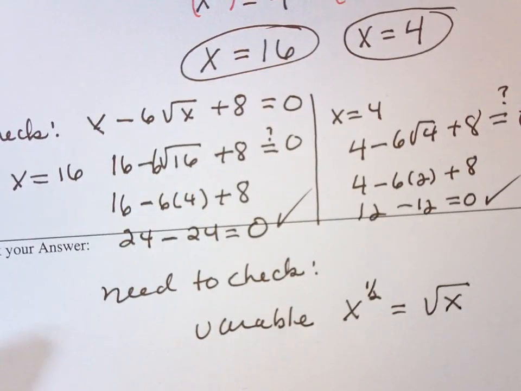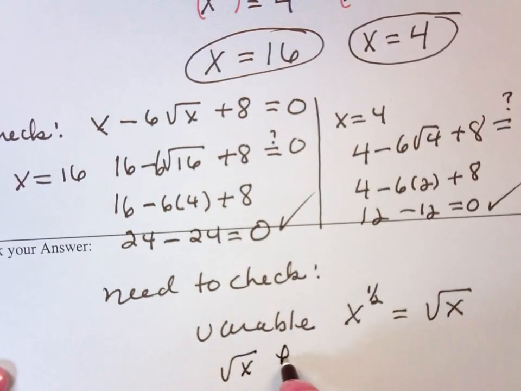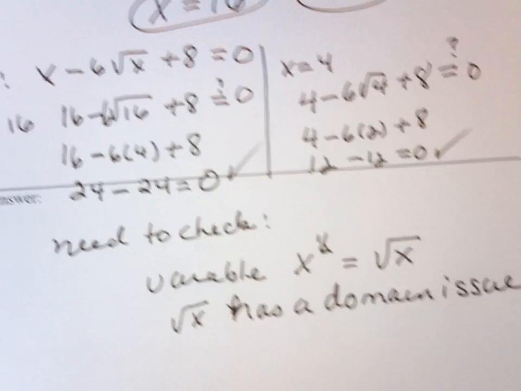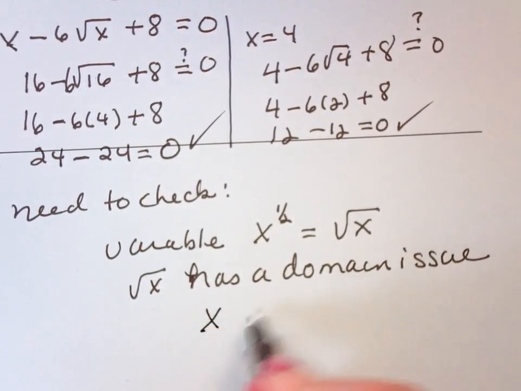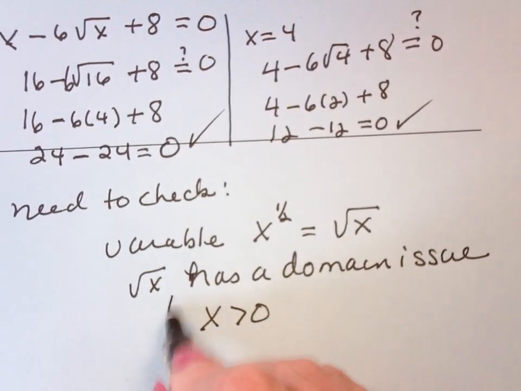Square root of x has a domain issue. So x can't be negative. So that says that x has to be positive. So the radicand has to be positive.